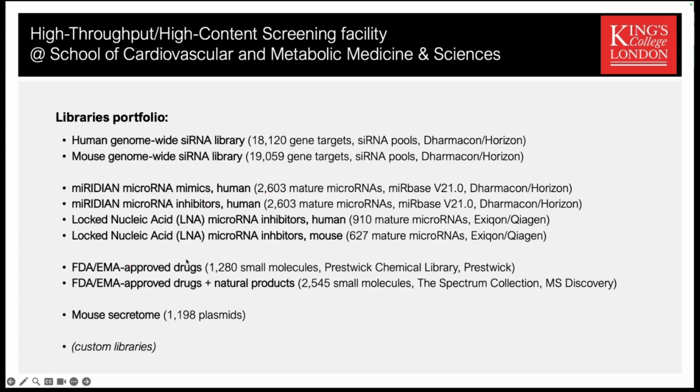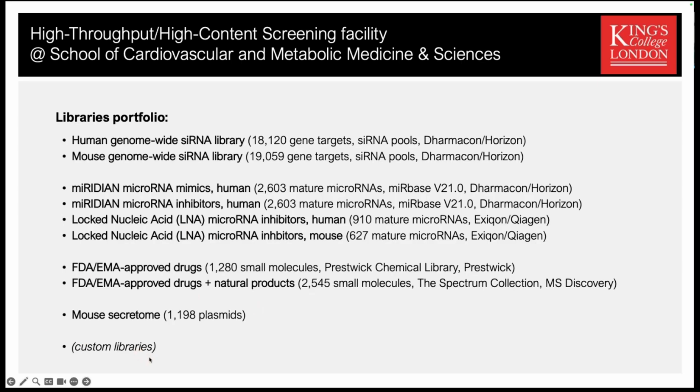We have some libraries of small compounds, mostly FDA and EMA approved compounds that we use for pathway discovery or for repurposing purposes. We also have a library of the mouse secretomes, encoded in viral vectors, that we can also use for screening.